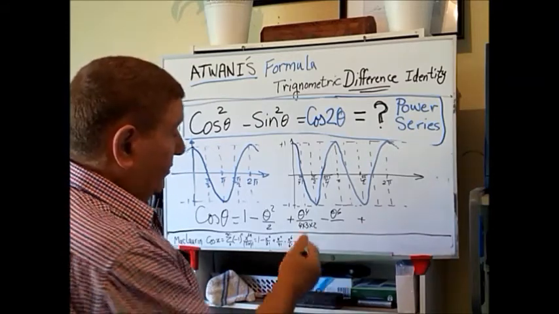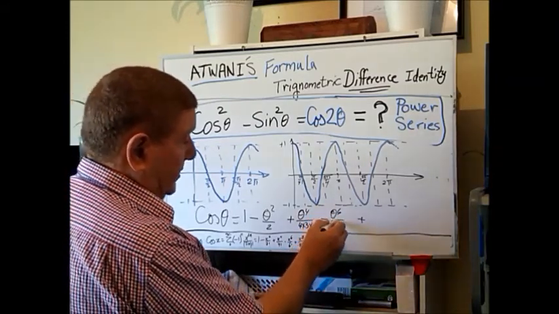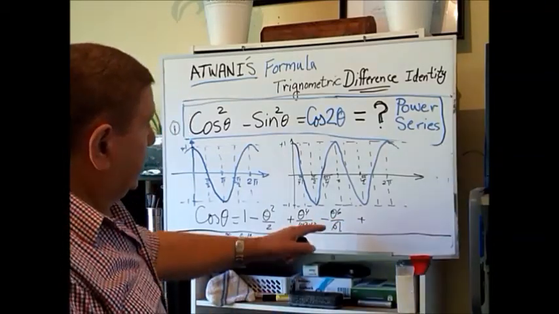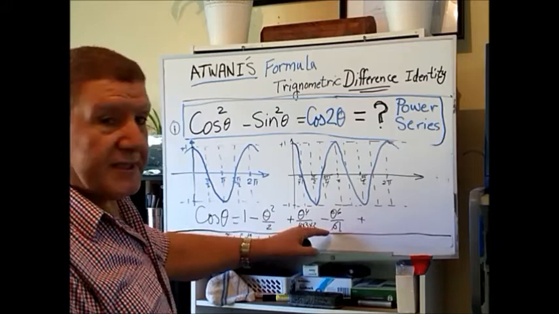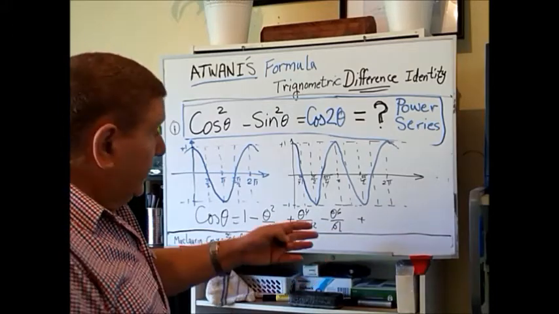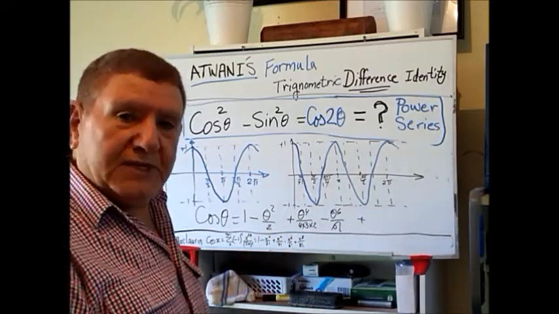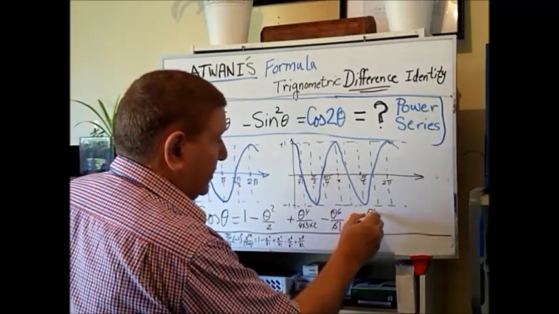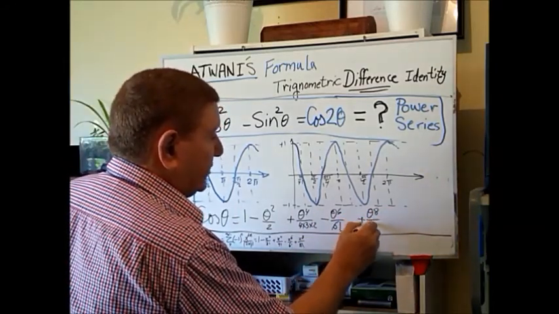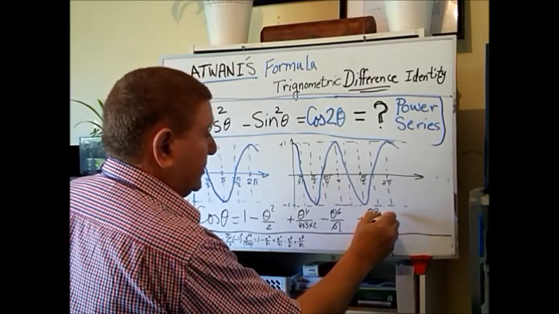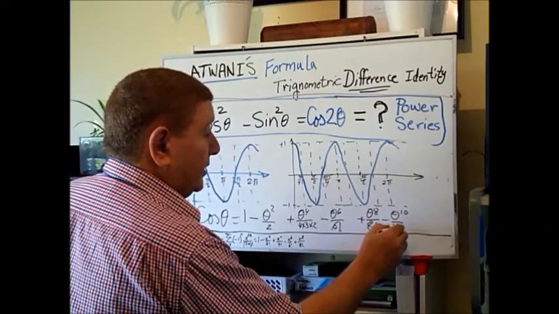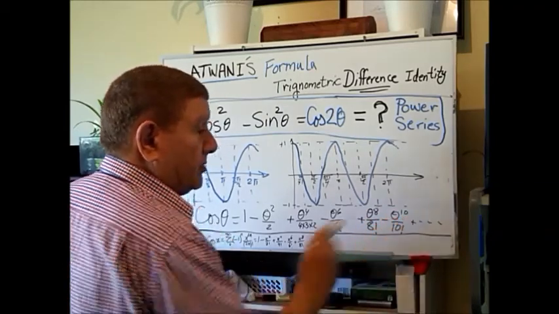So the same thing for the following expression: that was theta 6 over 6 factorial, and the pattern was noticed. It keeps going like that, plus theta 8 over 8 factorial, minus theta 10 over 10 factorial, and so on.